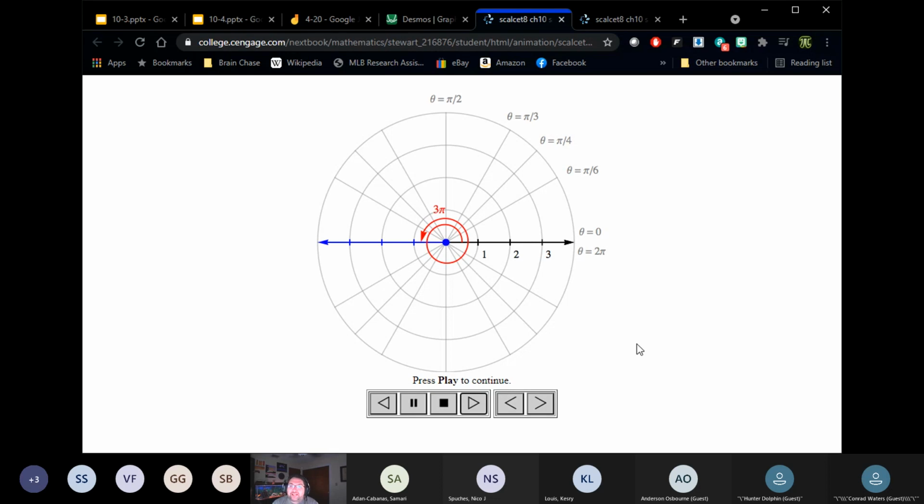Notice that is the exact same answer as if the radius was 3 and the theta was pi. So we have multiple answers that give you the same thing because the unit circle is only 2 pi. We have multiple polar coordinates that are the exact same position.